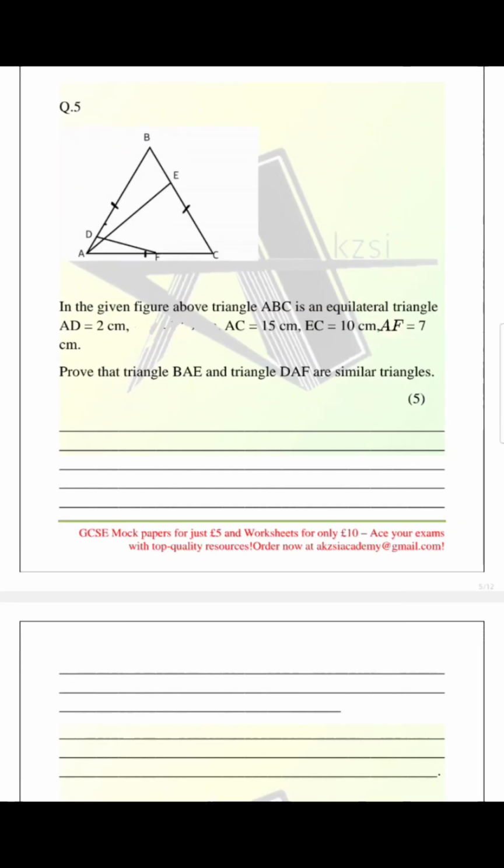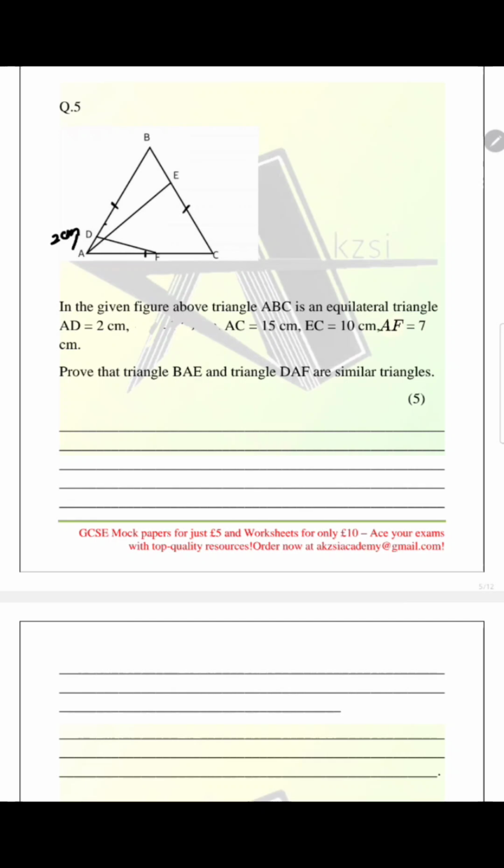Now, in the given figure above, triangle ABC is an equilateral triangle. AD is 2 centimeters, AC is 15 centimeters, EC is 10 centimeters, AF is 7 centimeters. So let me just label each one of them. AD is 2 centimeters, given.